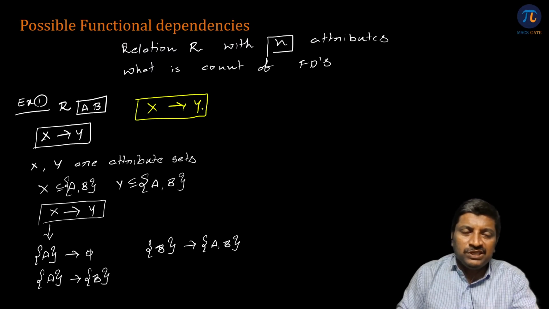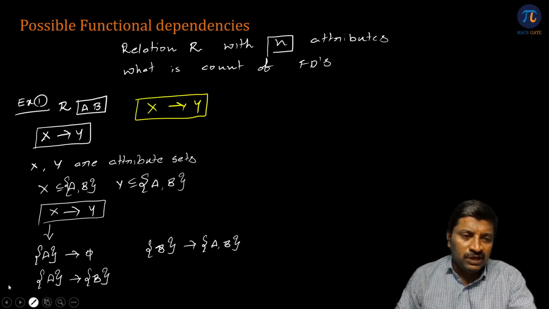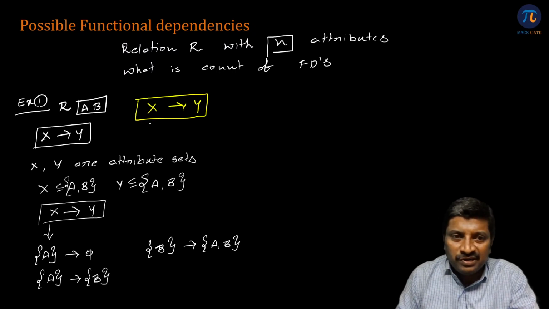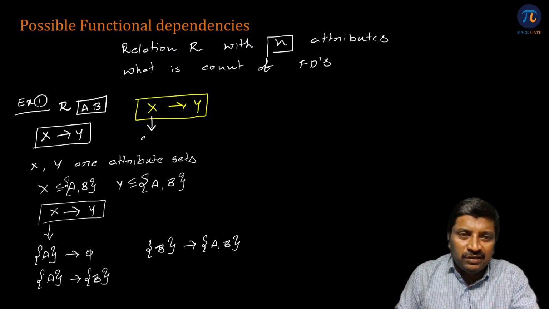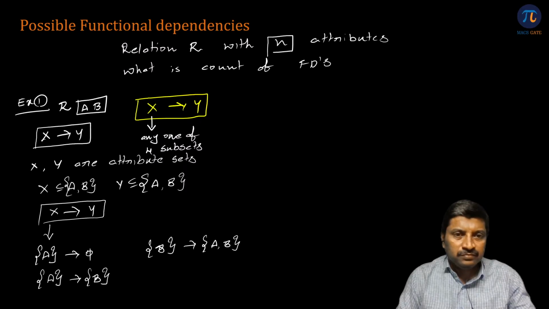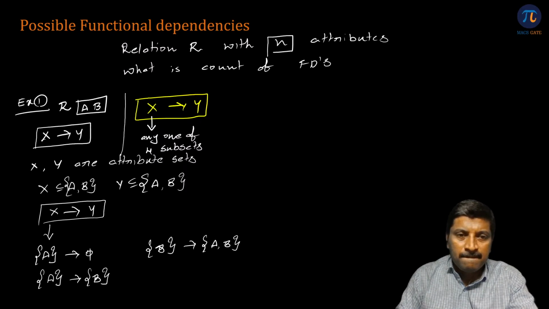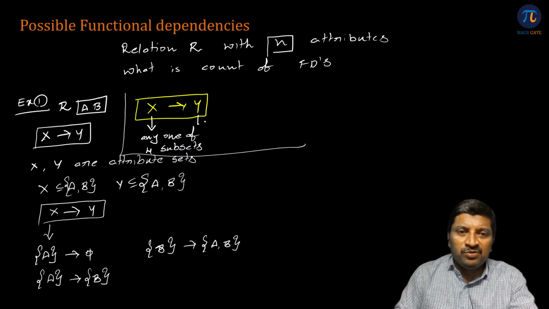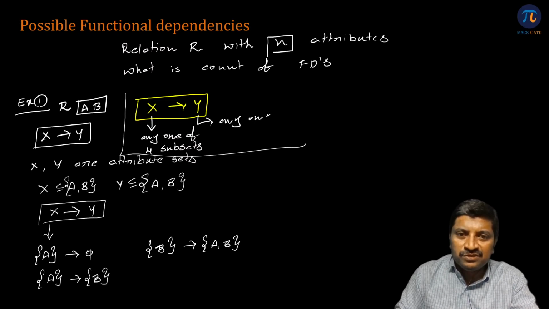So now the question is, how many functional dependencies you can write? X can be any one of four subsets.